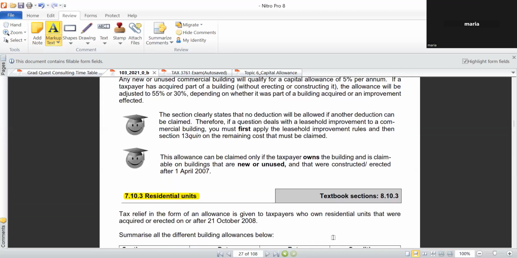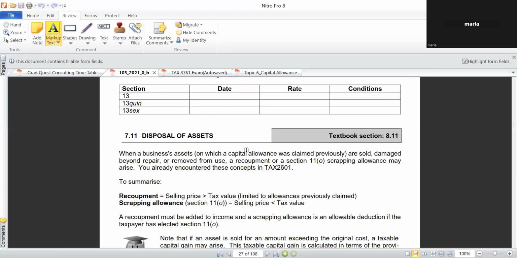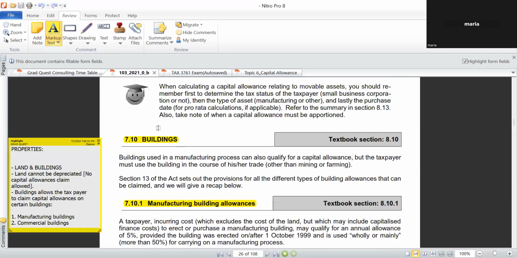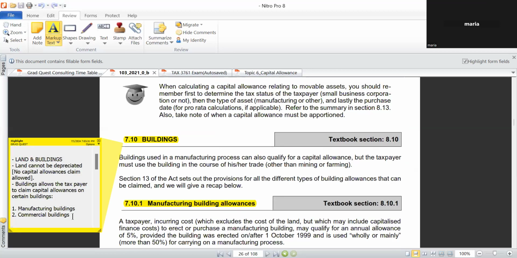The third one is residential units. If a taxpayer owns some residential units, there are certain building allowance provisions that SARS allows. So we're going to be looking at all these types of buildings that SARS allows you to claim capital allowances on.